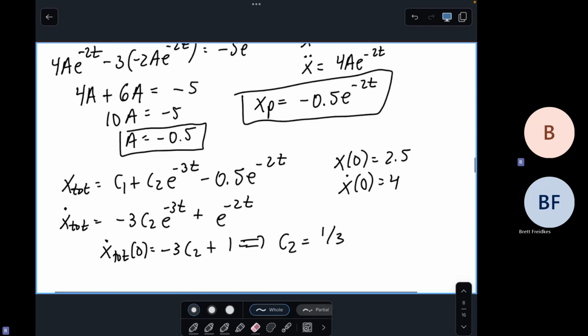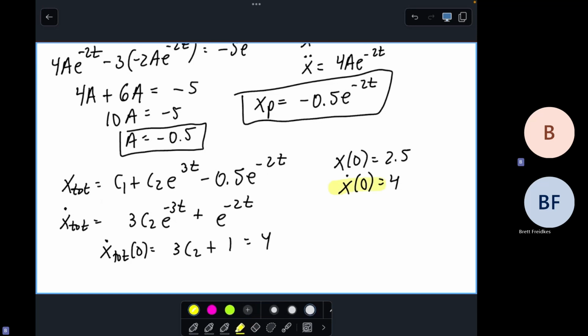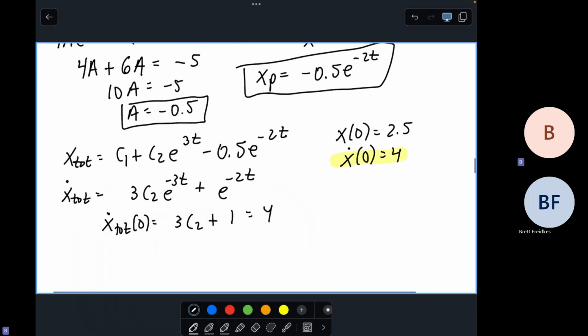Oh, it's 3t. Sorry, it's 3t. That's correct. Oh, duh. What am I doing? Sorry. When we plug in that initial condition, this should be equal to 4 based on that. So now we get that C2 is equal to 1.